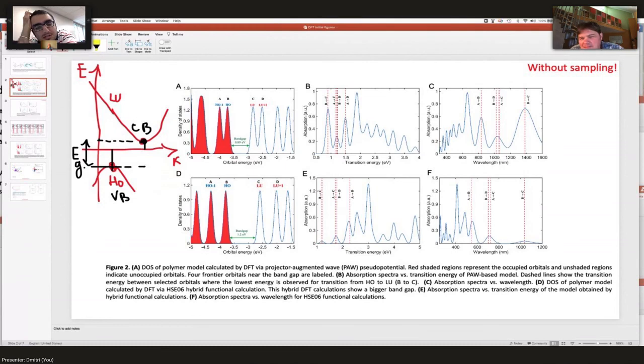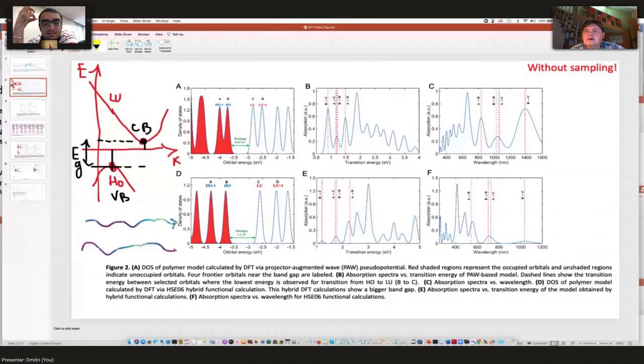Okay, I'll continue to draw. So if you have time, energy, and we have the valence band and conduction band. Instead of identifying the average gap, I would look for the point when they are approaching the closest value to each other.